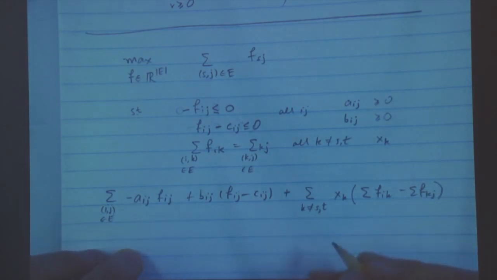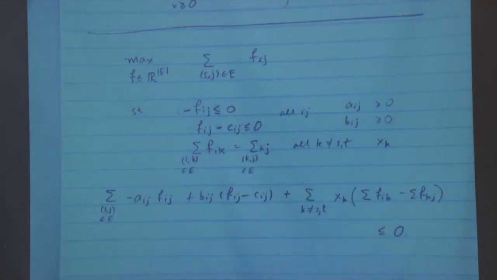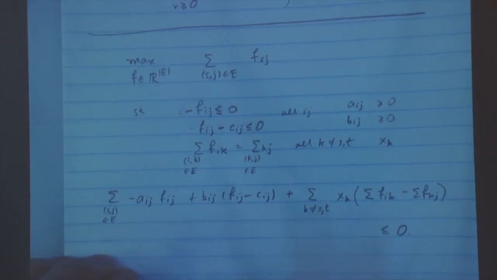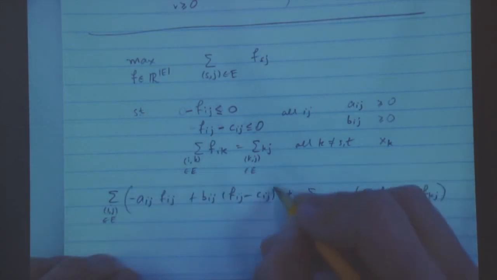This whole thing is less than or equal to 0 for any valid combination of a_ij's, b_ij's, and x_k's. Because this thing is less than or equal to 0, this thing is less than or equal to 0, and this thing is equal to 0. So this whole thing is less than or equal to 0.